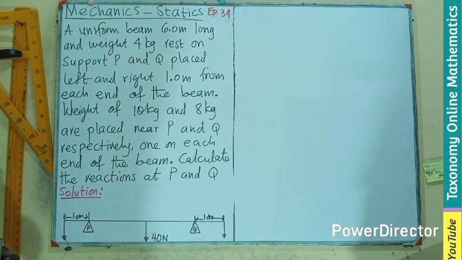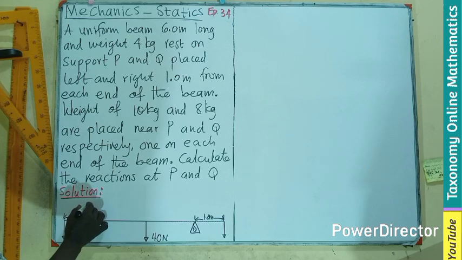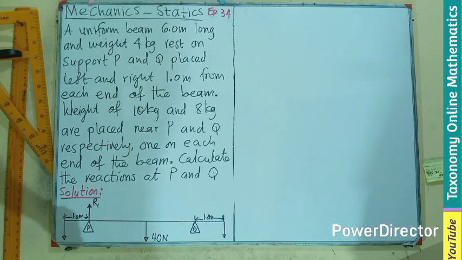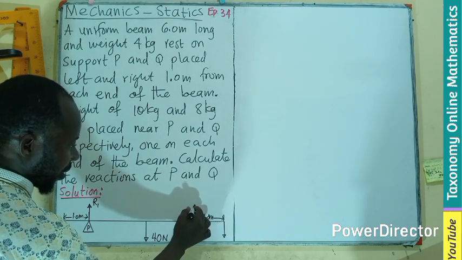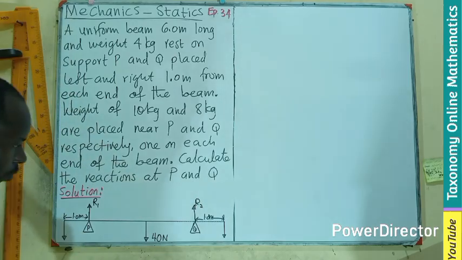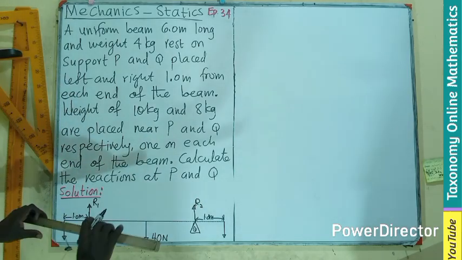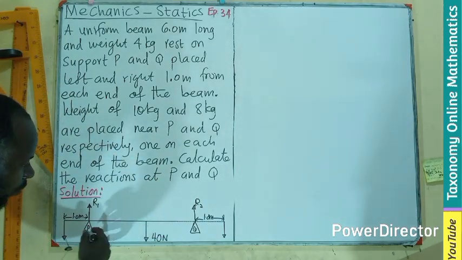If that is the case, then there is going to be a normal reaction where the pivot is placed. So let's say normal reaction 1. Then there is going to be a reaction here, normal reaction 2.